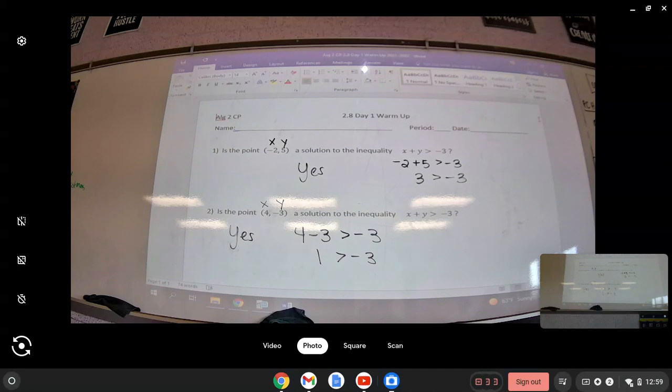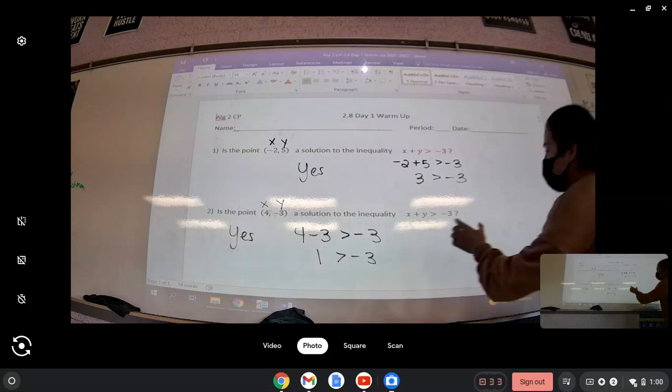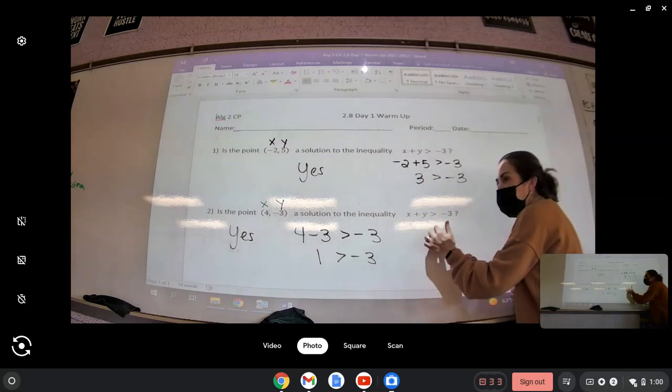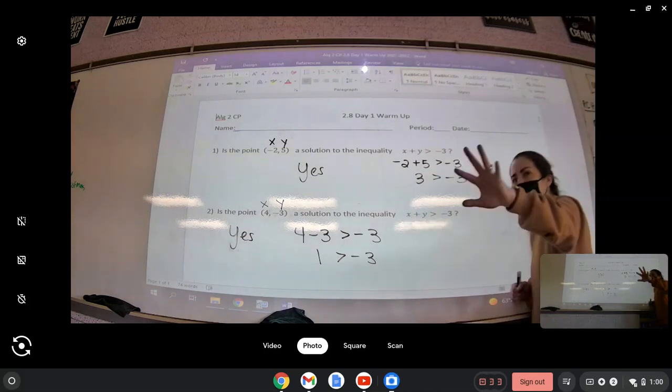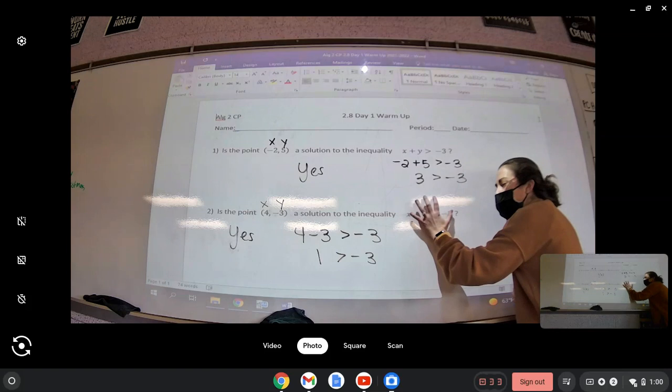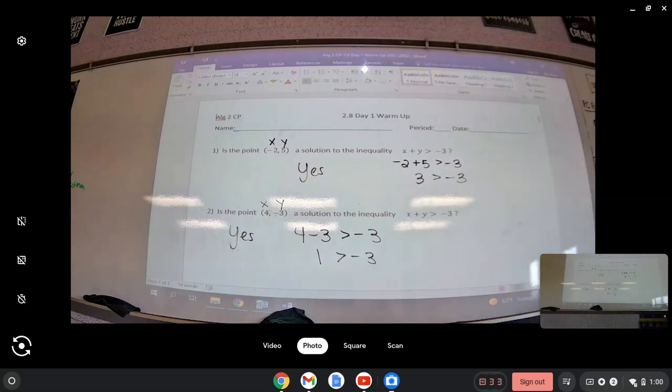And in situations where there are so many answers that we couldn't possibly list them all, the way we show the answer is on a graph. You're going to graph all of the x and y values that make this statement true, because you couldn't possibly sit here and list them all. And since this is linear, degree 1, no x squared, no x to the third, we can graph it as a line.